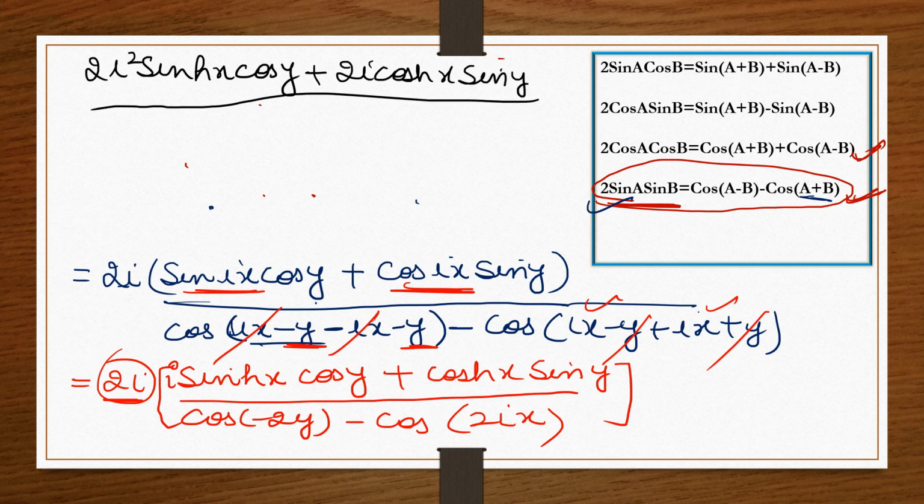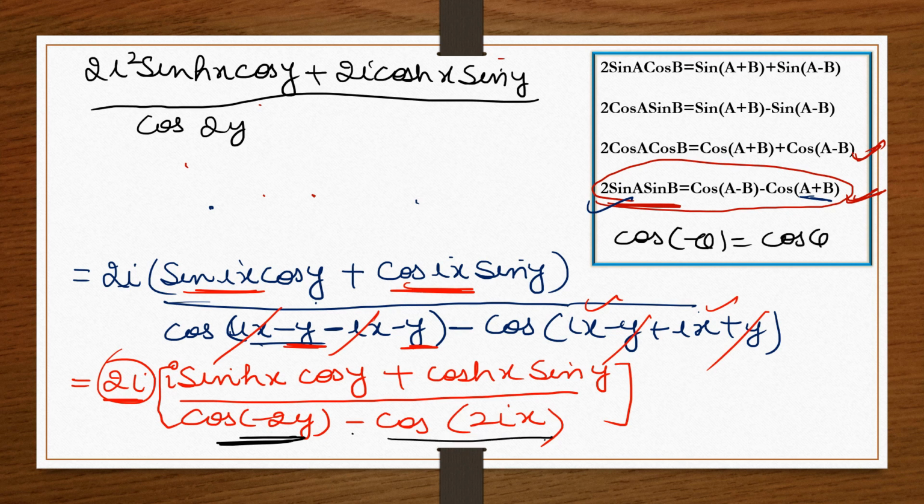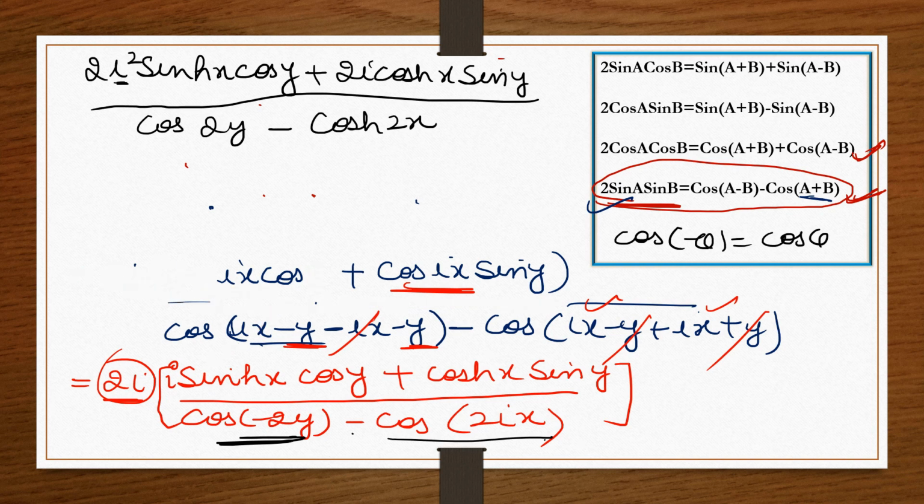Over, you'll get cos of, now cos of minus 2y will be same as cos of minus theta becomes cos theta, and here you can turn it to hyperbolic. So this will be cos hyperbolic 2x, right?